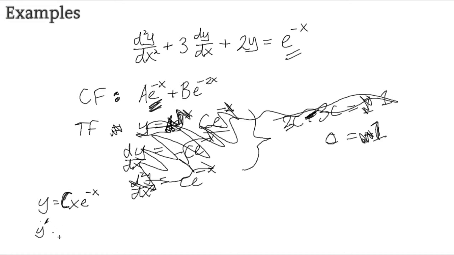I'm going to use the dash notation to save myself some time. To save your ink, make sure you use the chain rule when you're differentiating. And if you have done this enough times, then you would realize that this is actually a very good way of getting yourself an algebraic error.